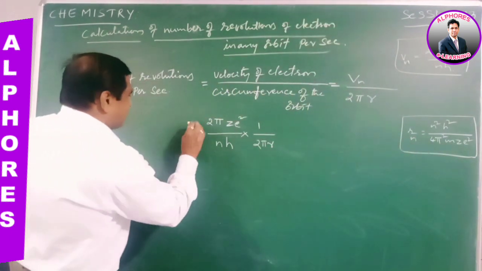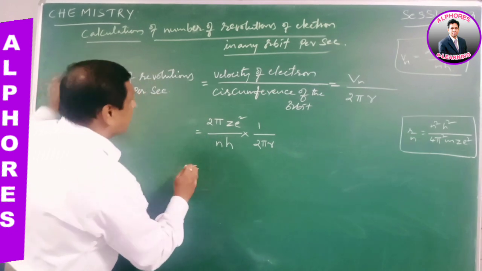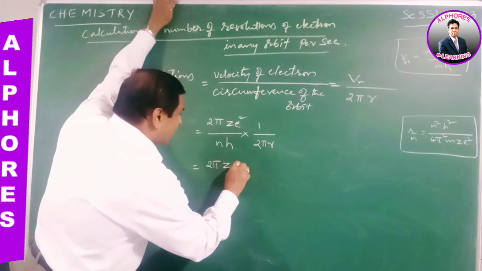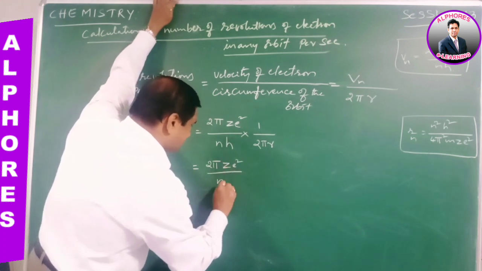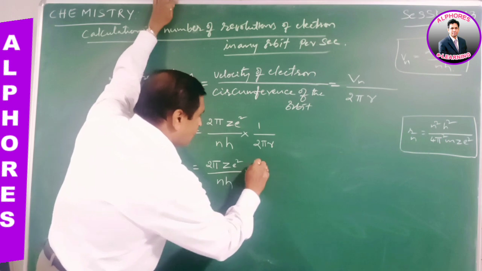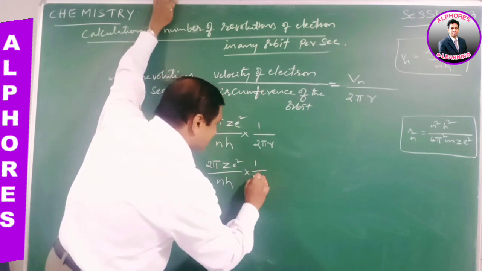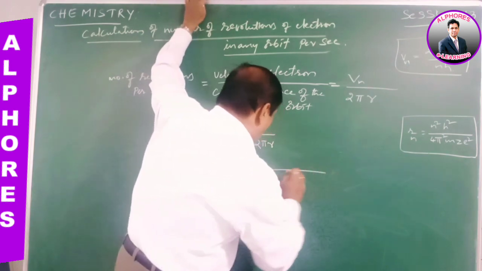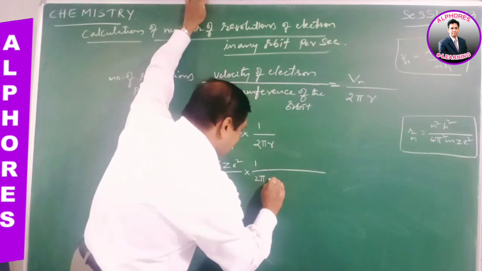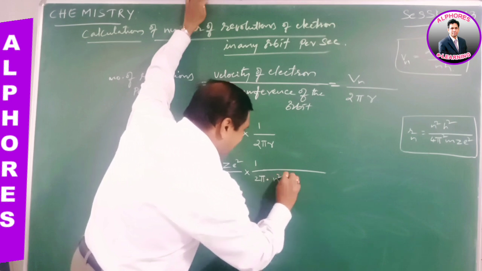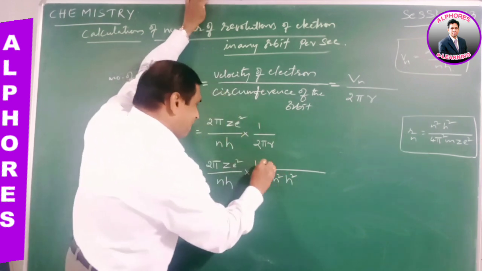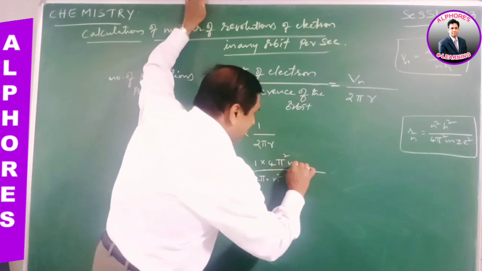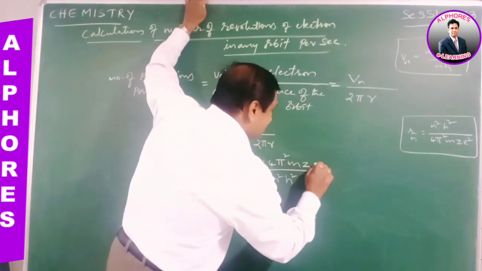Therefore it is equal to 2πZe² by nh into 1 by 2π, and now we substitute r equal to n²h² by 4π²mZe².